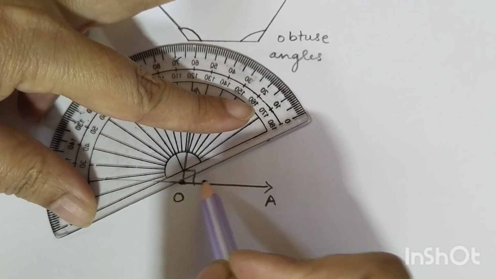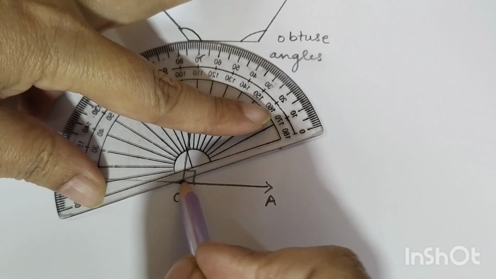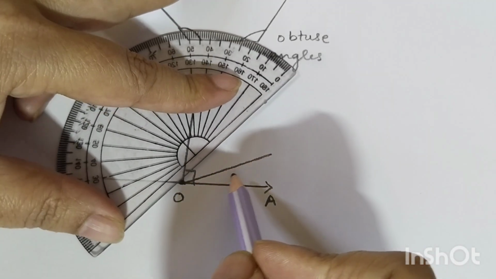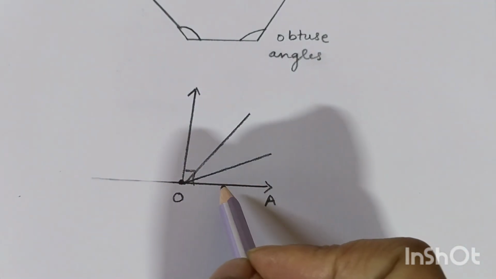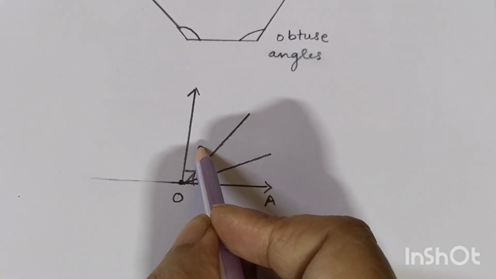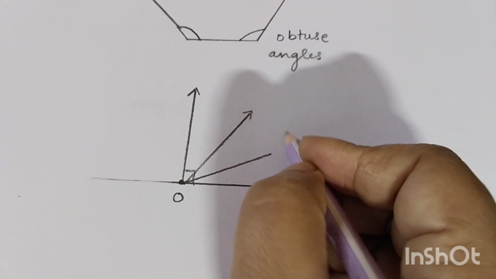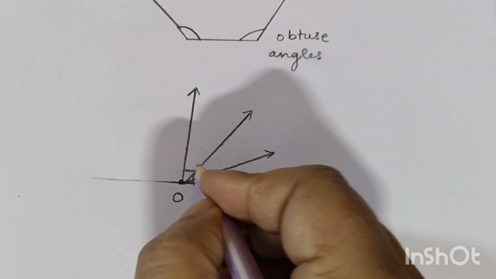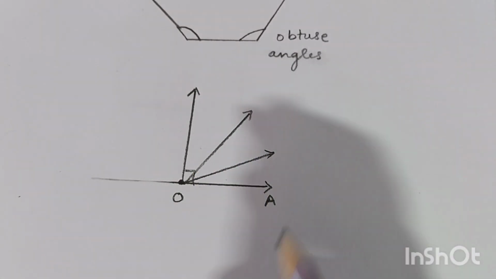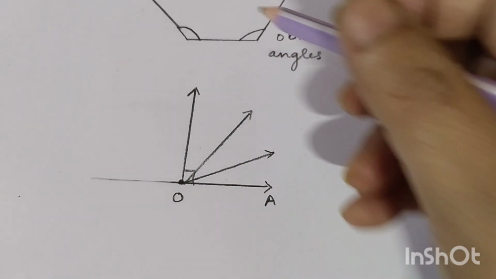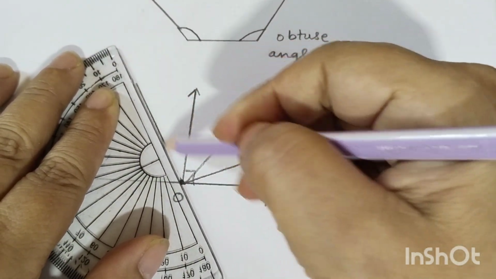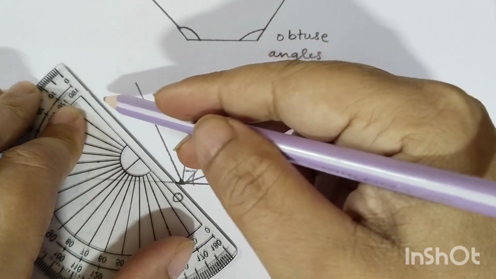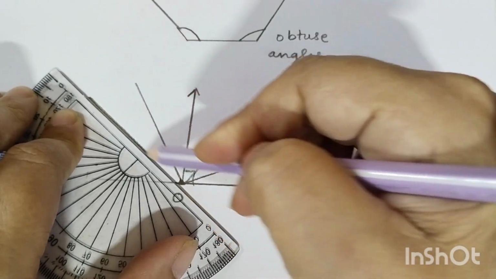Now 3 acute angles, 1 acute angle, 2 acute angle, 1, 2, 3. 3 acute angles are there. 2 obtuse. Here are 2 obtuse.